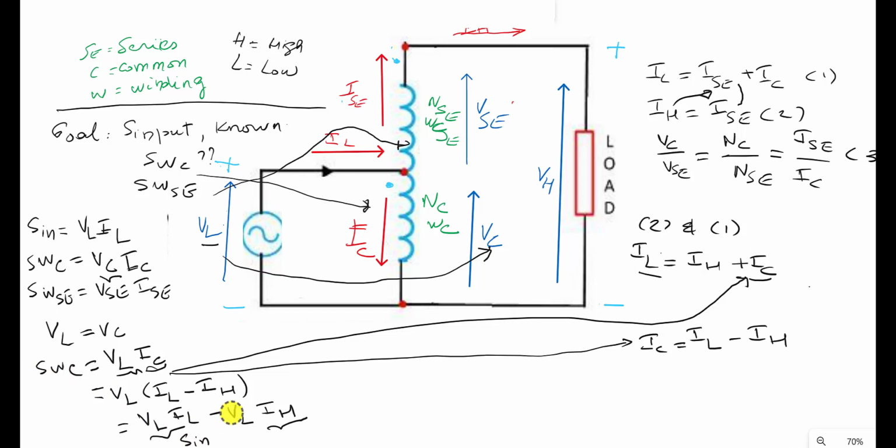But we're not done yet, because we have another term, VL times IH. So if I could find a way to express IH in terms of IL, I will have S input in this equation and my job will be done.